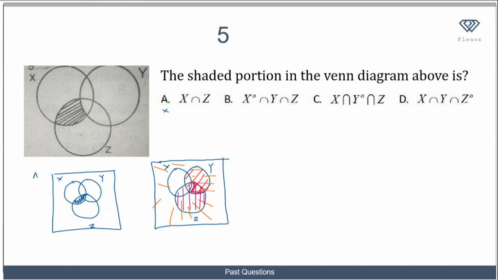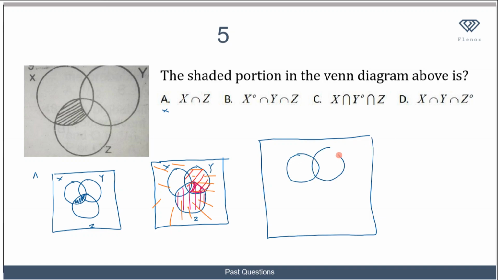So let's move on to the third option now, which is C. I will try to sketch out C. Okay, so we have the same thing: X, Y, and Z. We are told that the first is X, so I'll represent that with orange. X is represented by all this region here.